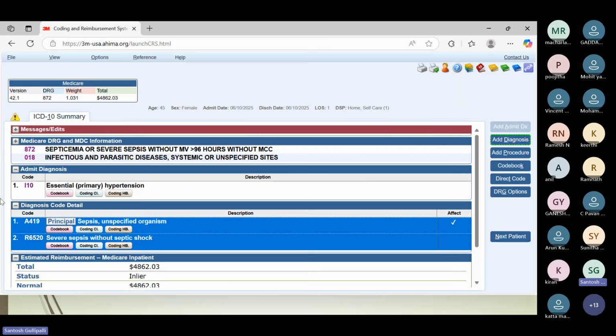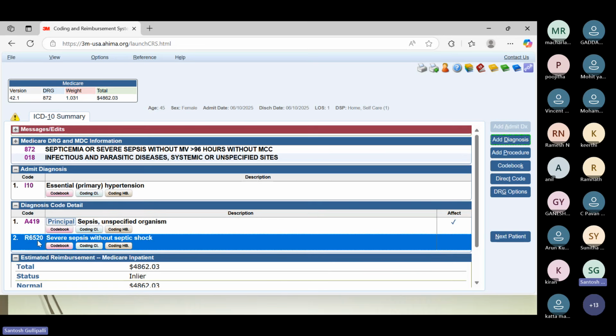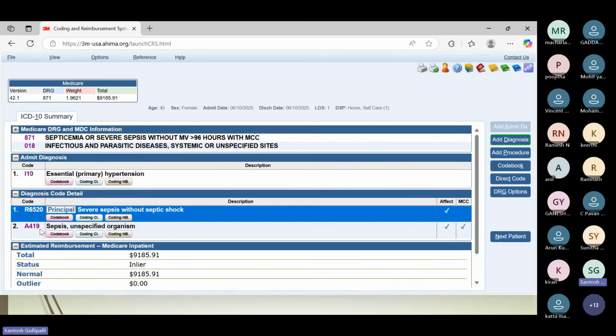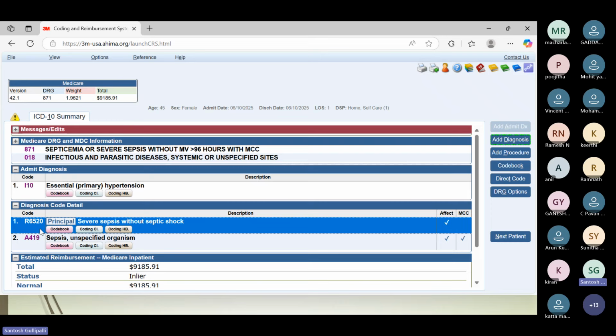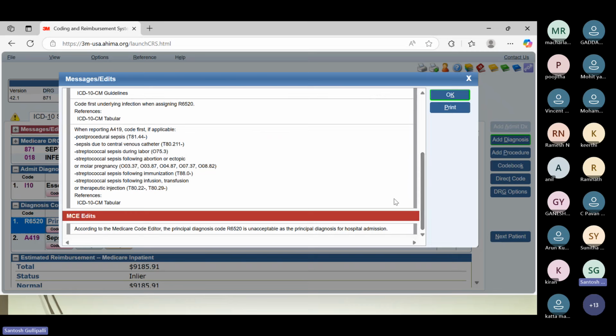For example, you give A41.9 as the PDX. That time the dollar value, the bill amount, is like $4,862. But if you give R65.20, this is an unacceptable PDX, guys. So that time they give an error. So the sequencing of codes reported should be A41.9 and then R65.20. Otherwise it shows an edit.